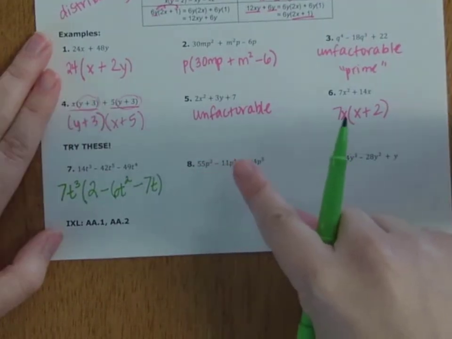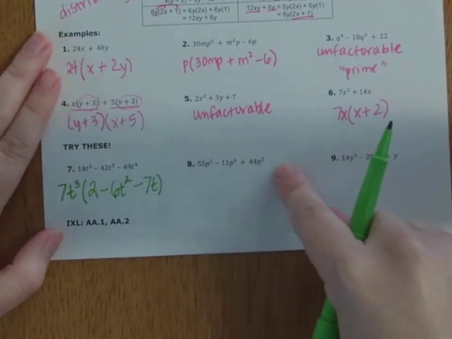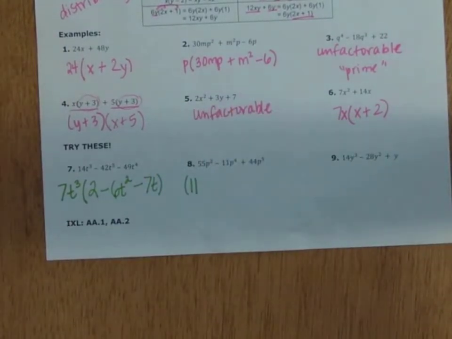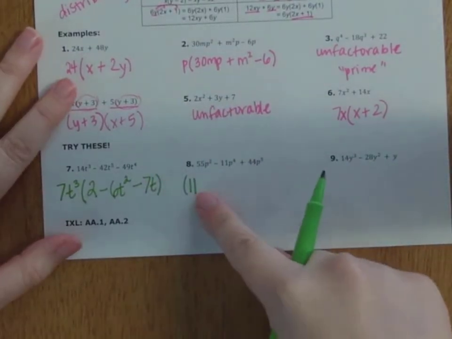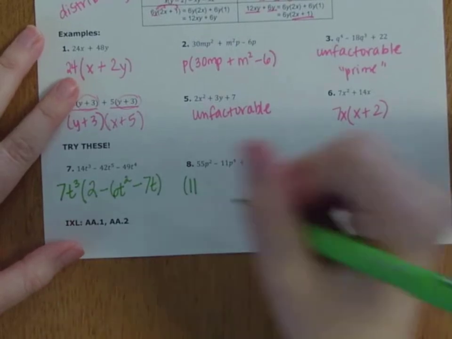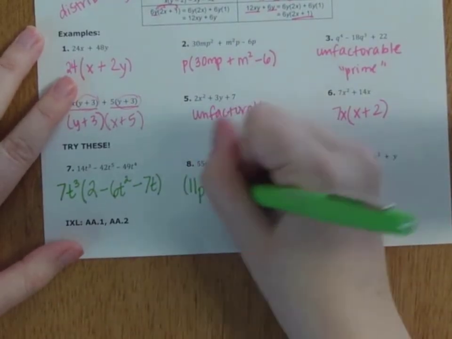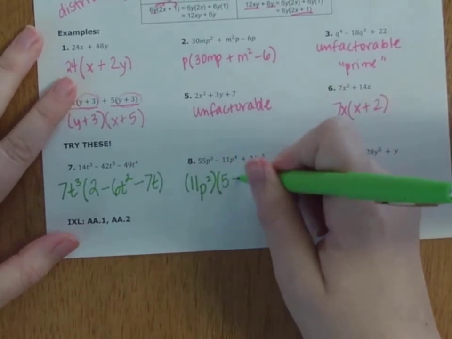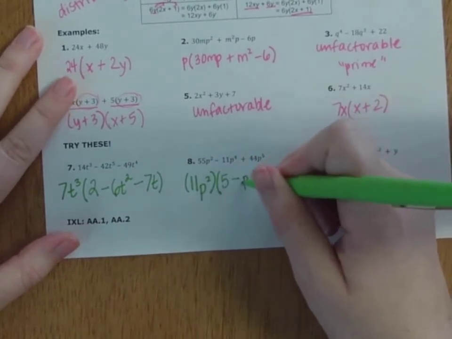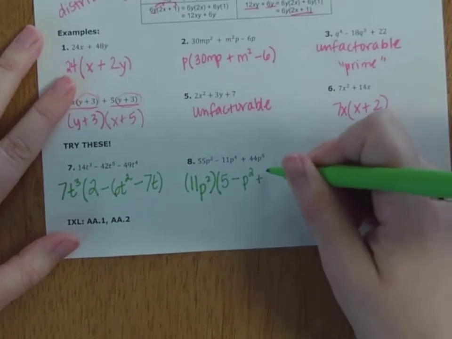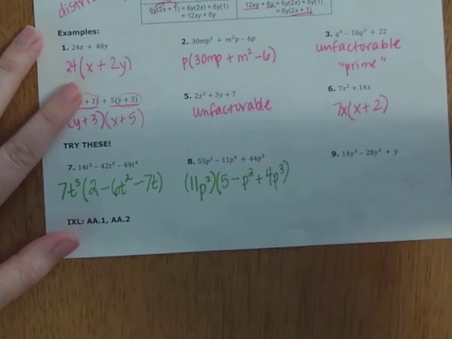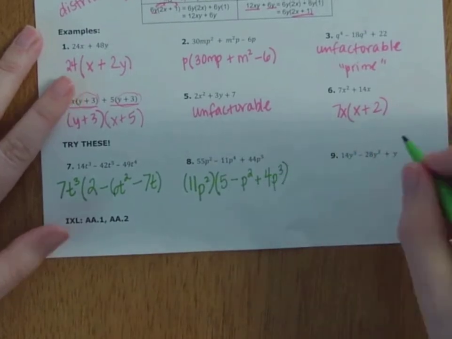Okay, what is our greatest common factor on number 8? And just to show you, I can write parentheses if I want. 11 what? 11p squared. And that would leave what? 5 minus p squared plus 4p to the third.